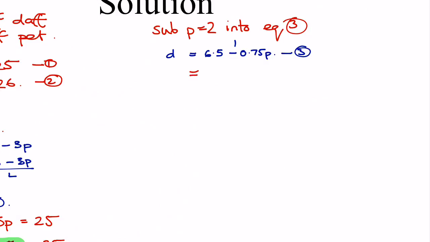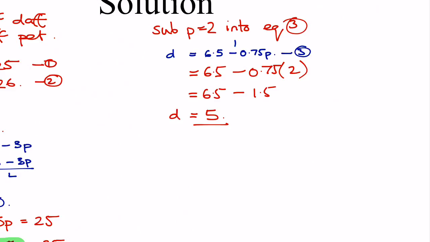So that's going to be equal to 6.5 minus 0.75 times 2, which is 6.5 minus 1.5, which is equal to 5. So D is equal to 5.